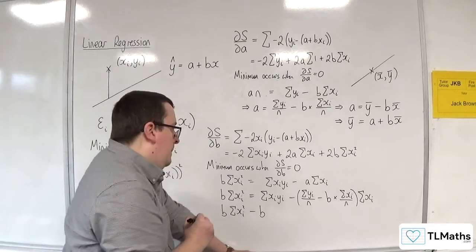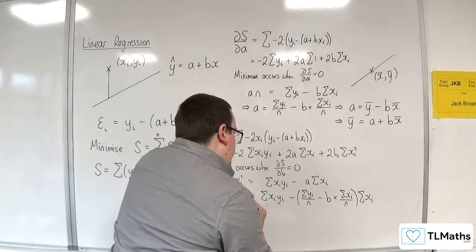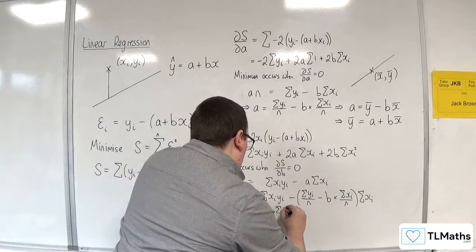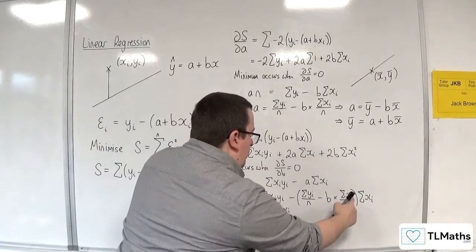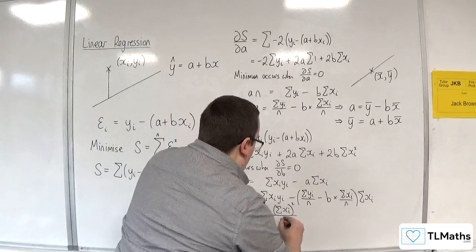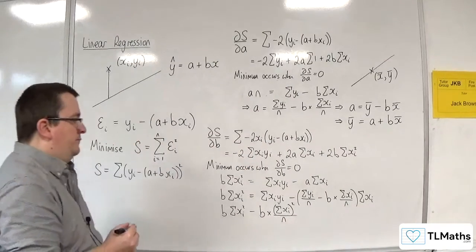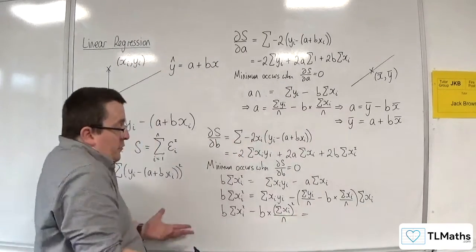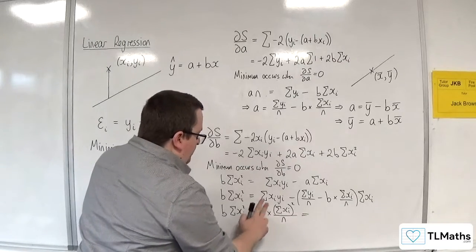So take away b times the sum of xi times the sum of xi. So that's the sum of xi all squared divided by n. Okay, so that's on the left-hand side. And of course I could factorise that, couldn't I?